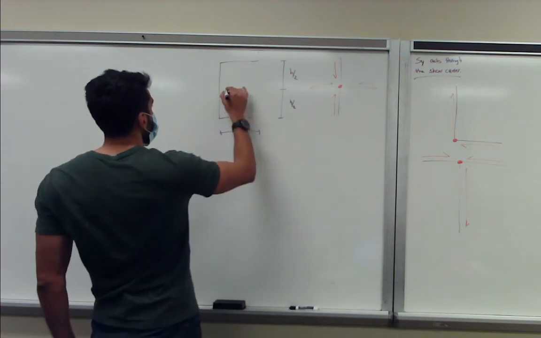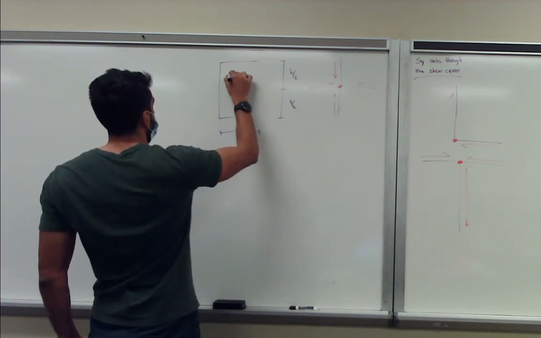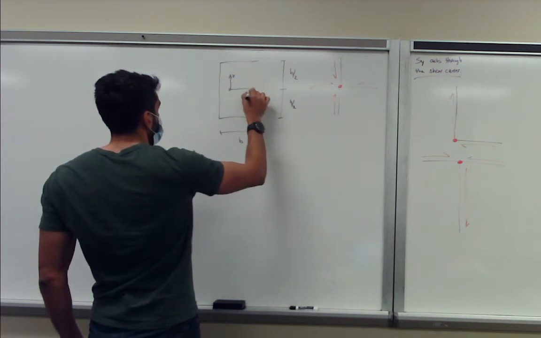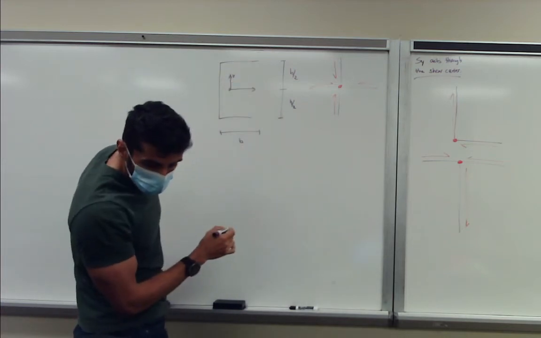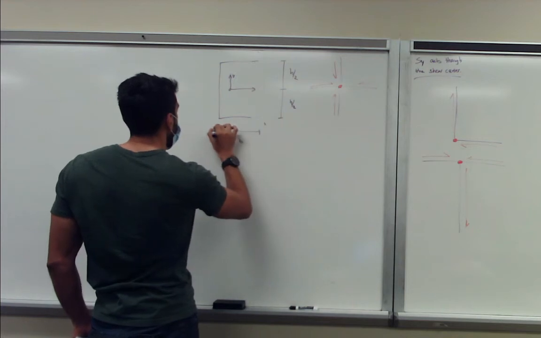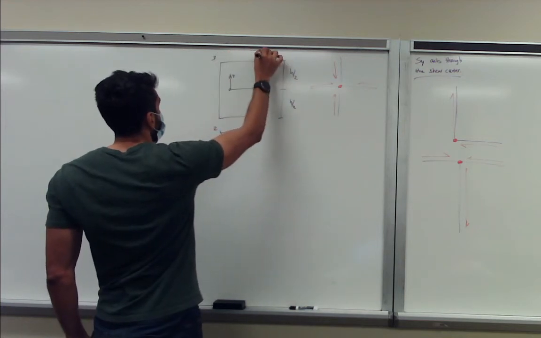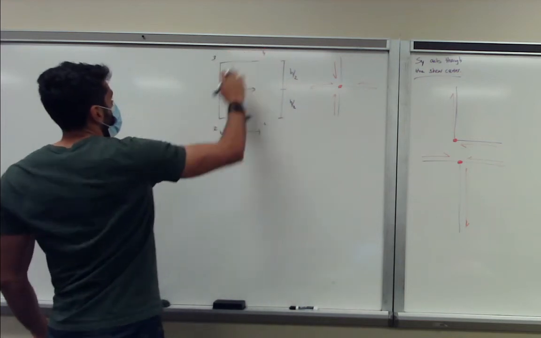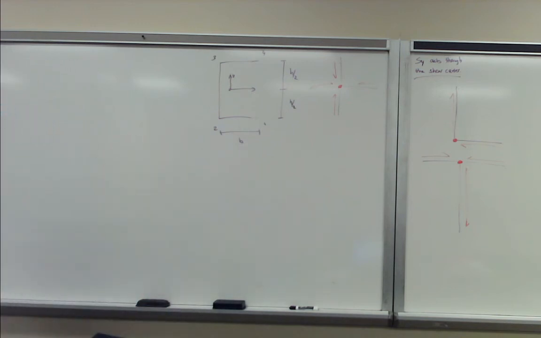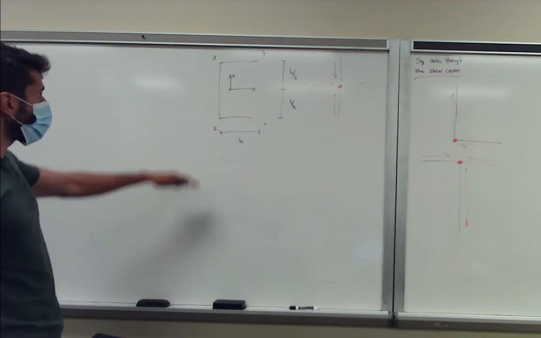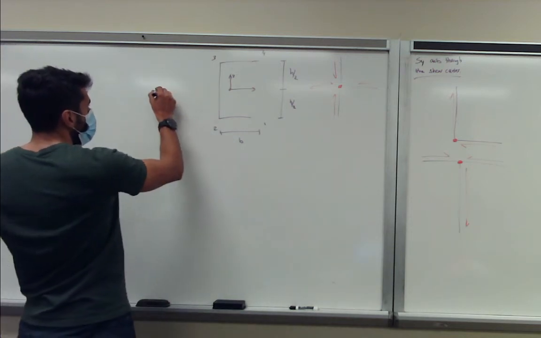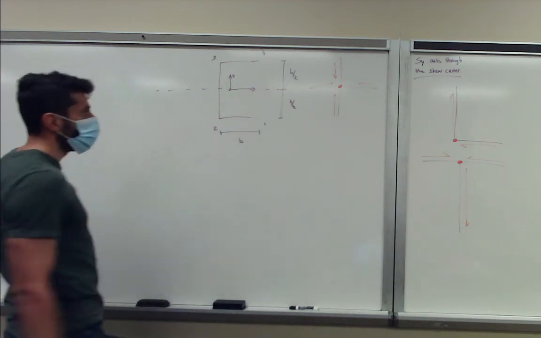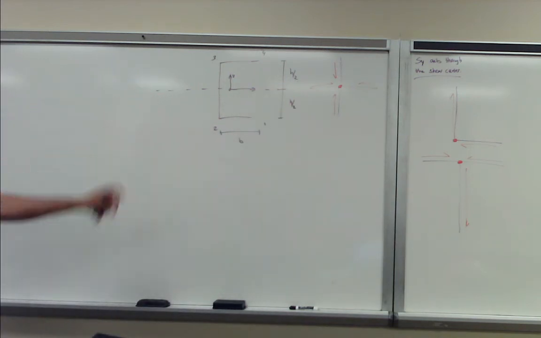And yeah, we have our centroid somewhere here, y-axis, x-axis. Then we define 1, 2, 3, and 4. So how can we determine the shear flows or the shear center on this problem? It's symmetric, so we know it will lie somewhere on this axis, but we don't know where it is.